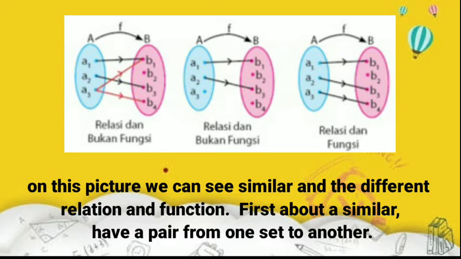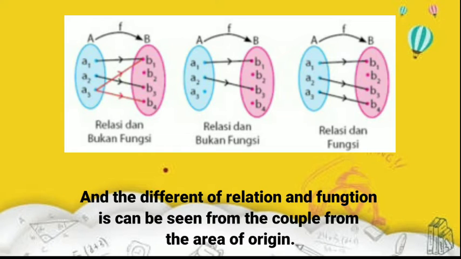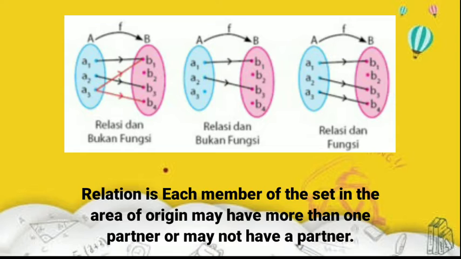We have a mapping from one set to another. And the difference between relation and function can be seen from the pairs from the area of origin. In a relation, each member of the set in the area of origin may have more than one partner or may not have a partner.